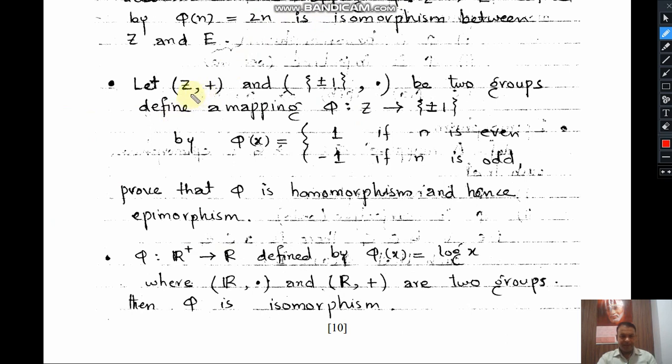But in this example, the first set has all integers, and the addition operation will be performed in this set.